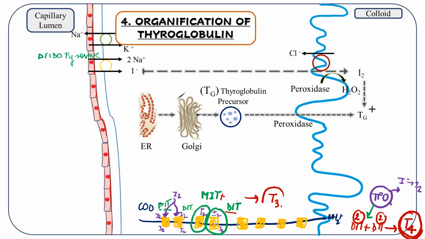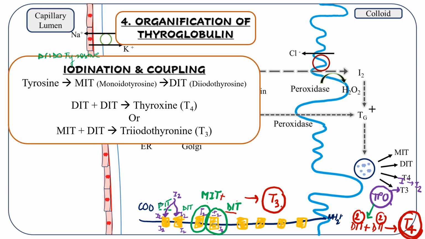T3. And this T3 and T4 together are what we call thyroid hormones. So here we studied two further steps. First is organification of thyroglobulin, and then coupling of DIT and MIT to finally form your thyroid hormones.